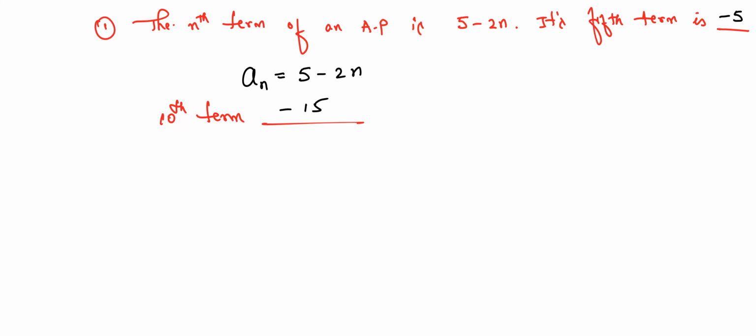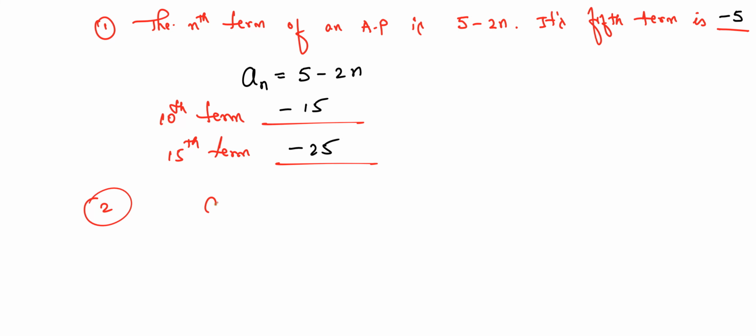If they ask one more question, the 15th term, in place of n, 15. 2 into 15, 30. 5 minus 30, minus 25. I hope you have got the idea. Understood or not? Now next question.